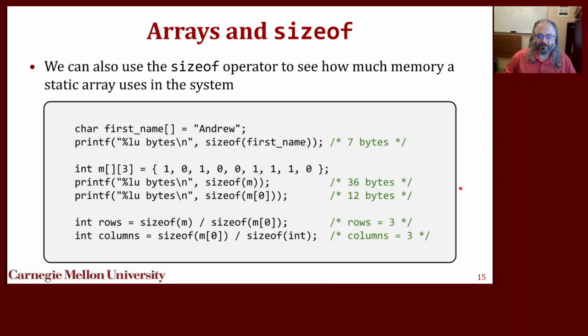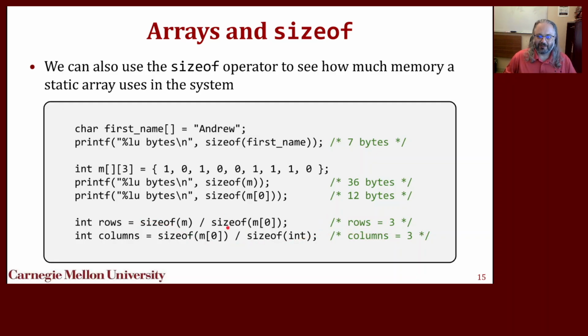We could do the same thing if we have a static multidimensional array. We can figure out the number of rows and the number of columns programmatically. So if we wanted to do something like say, thank you for entering a 3 by 3 array, we could learn by doing some simple math that there are 3 rows and 3 columns in our array.